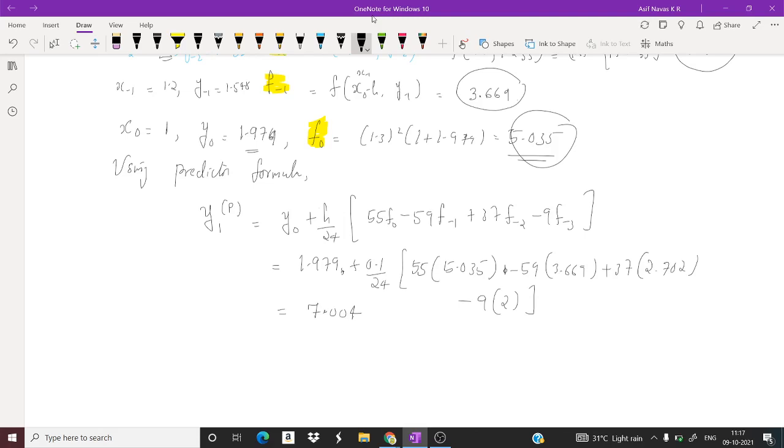Now we want to find y of 1.4, that is x1 equal to 1.4.